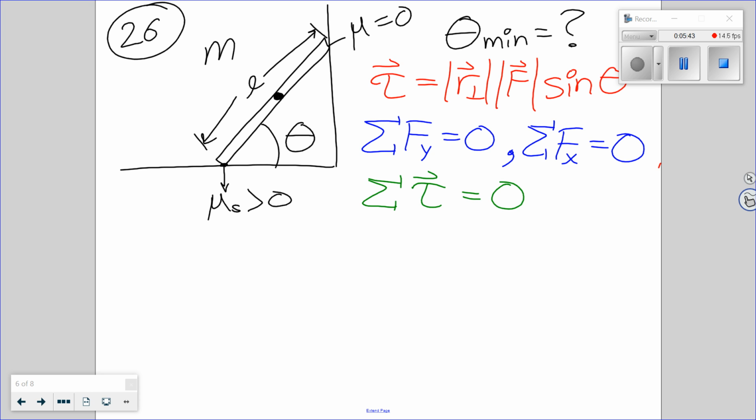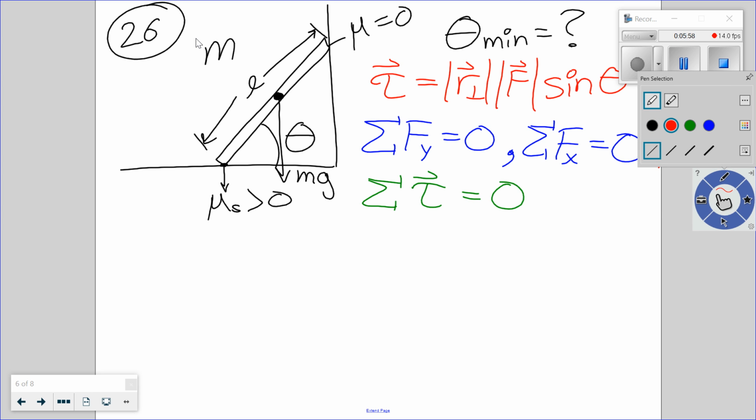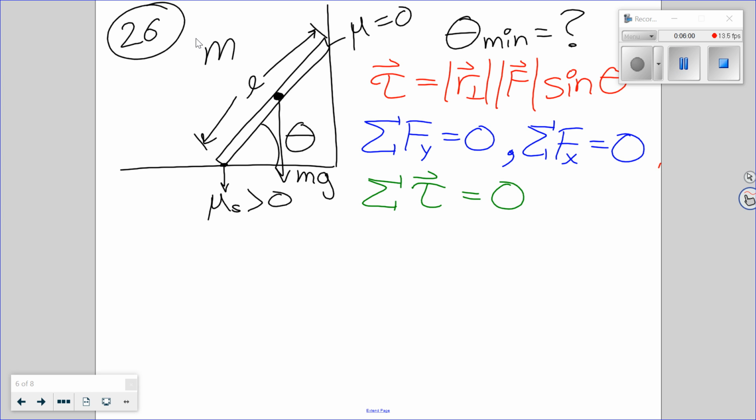Let's see. Maybe I should draw this mg straight down. I'm going to start to add some colors here. What will counteract mg? I'll have forces in the y direction, and they better add up to 0, and I have minus mg.